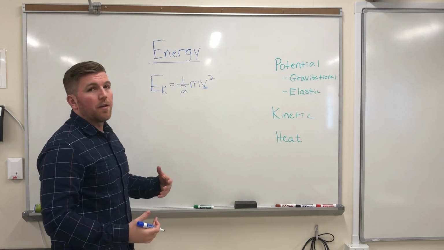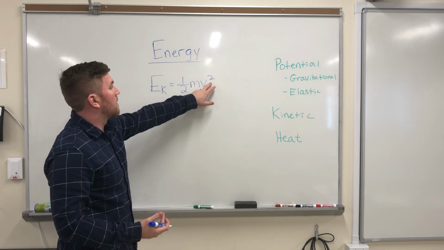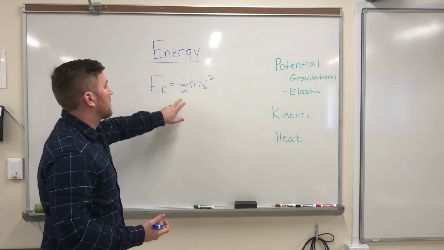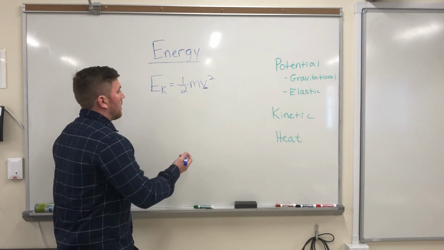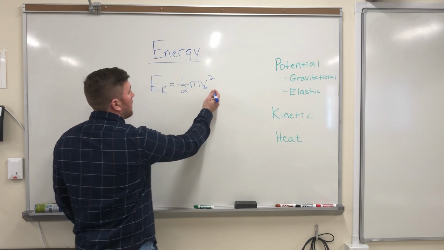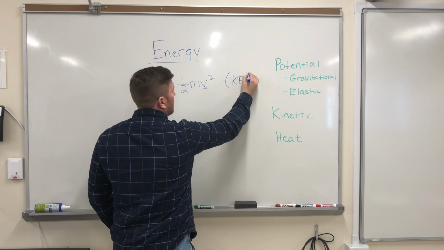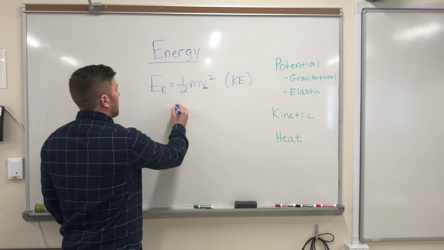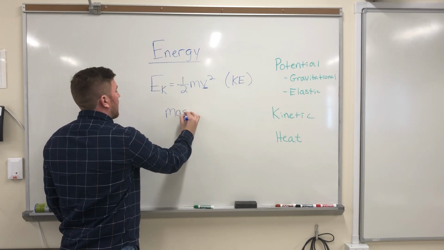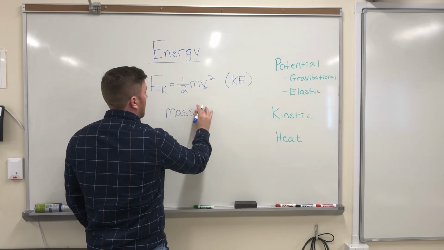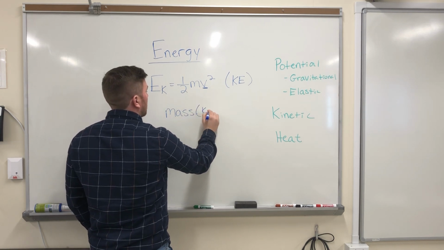So sometimes on a calculator it might be easier to square that velocity first, then multiply by the mass and divide by 2. And again, similar to last time, this could be EK, could also be KE, either one of those, same idea. Similar to the last one, the mass is always in kilograms.